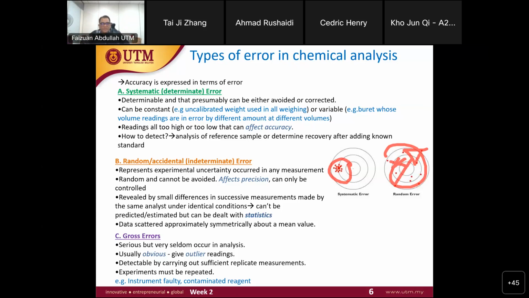Okay, we told the instrument, this is blank, no analyte inside. Instrument, this is 1 ppm. This is 2 ppm, 3, 4, 5. And then plot the graph. So if the result fall within the calibration plot, we can measure the concentration.